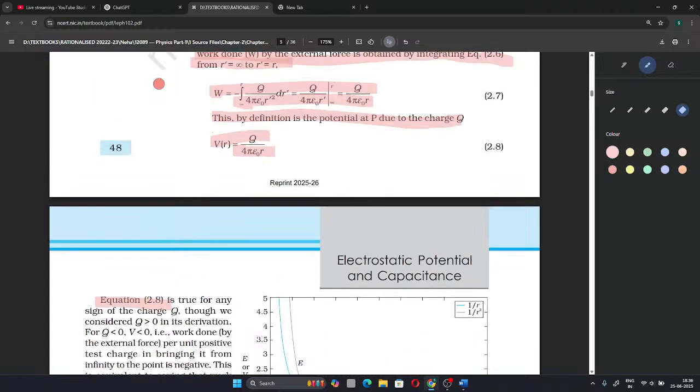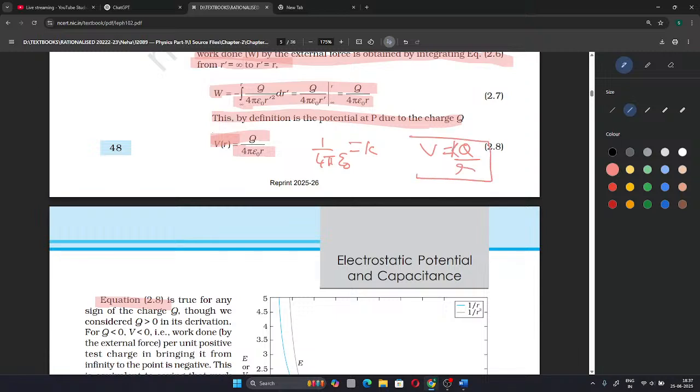Equation 2.8, meaning this one, where V equals KQ by R. I can take 1 by 4 pi epsilon naught equals K, so V equals KQ by R, or 1 by 4 pi epsilon naught times Q by R, like here.